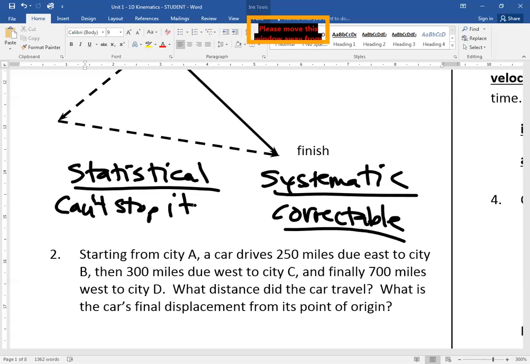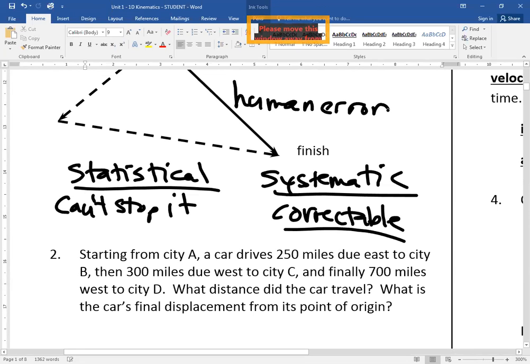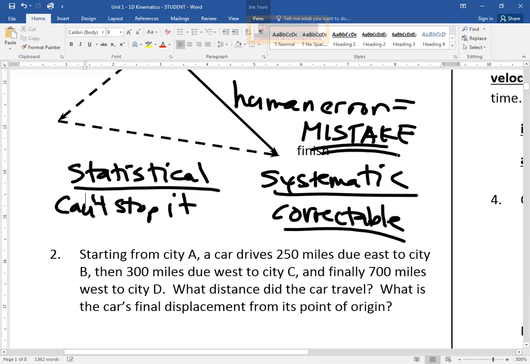Because when you say human error to me, I think this. Human error is a mistake, right? A human error is a blunder, right?